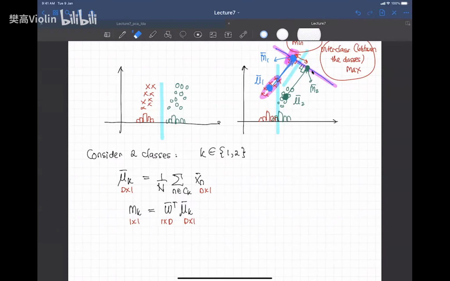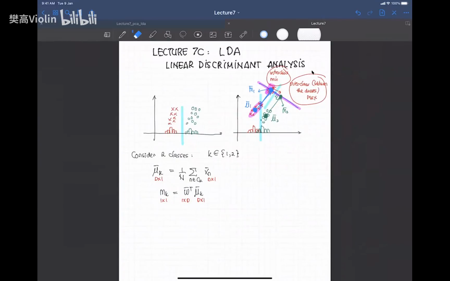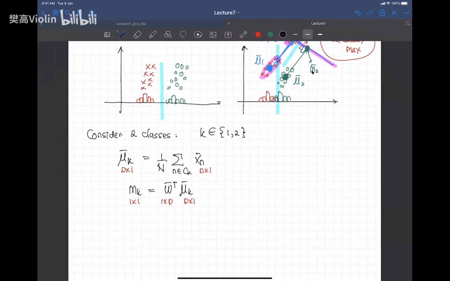If there are no questions, as I mentioned, in terms of the variance, there are two types of variance. One is within class, and the other is between classes.